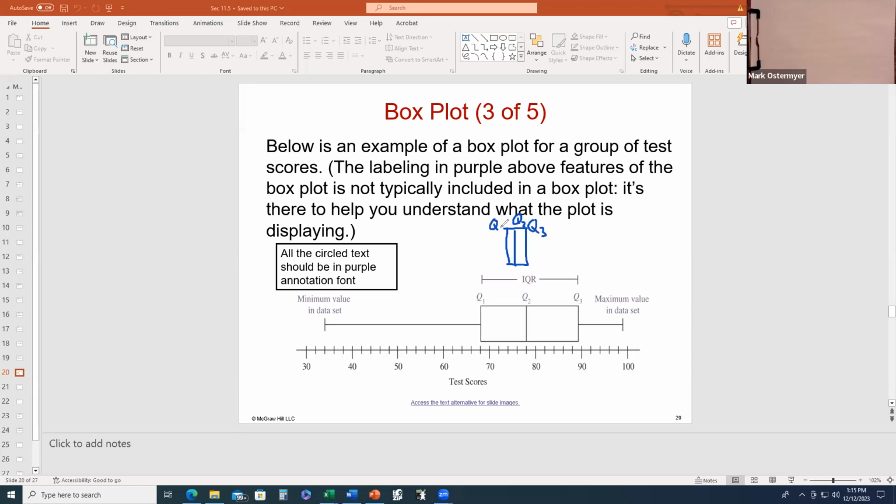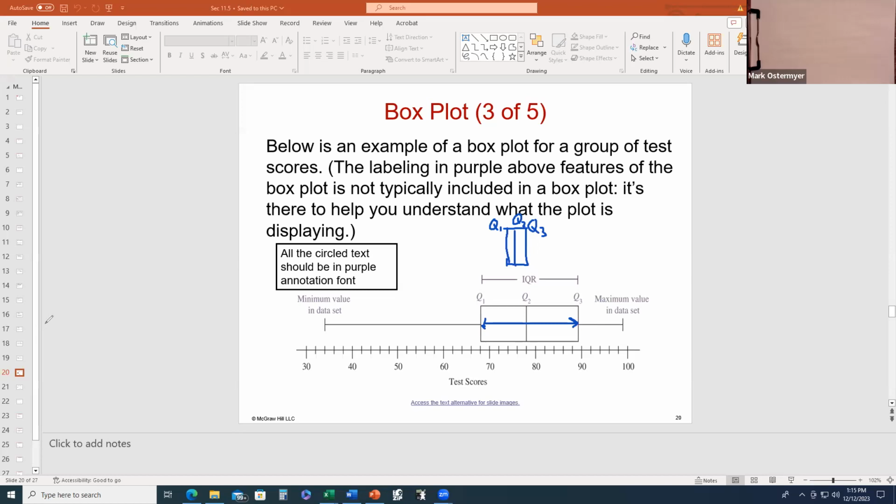That would indicate that there is very little variation between these test scores. We would expect the standard deviation of such a data set to be very small. So you can tell by just the length of the box what type of variability you have, or roughly what sort of standard deviation you would have with your data values.